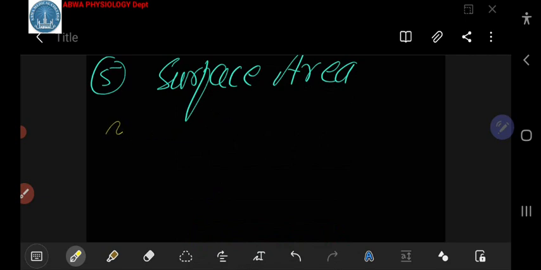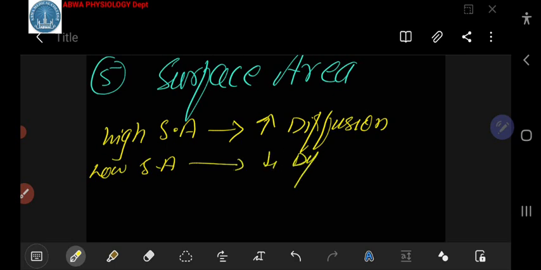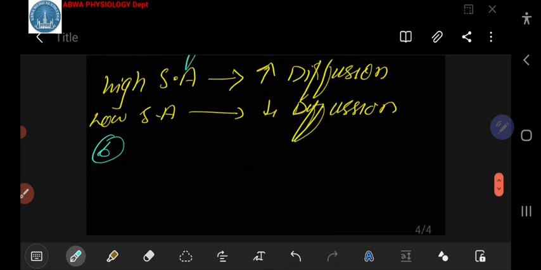The higher the surface area, denoted by SA, there will be a higher rate of diffusion. The lower the surface area, and vice versa, the rate of diffusion decreases. Now number six, solubility.